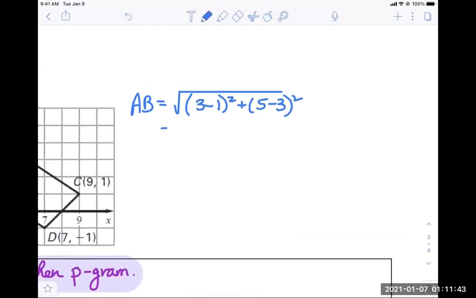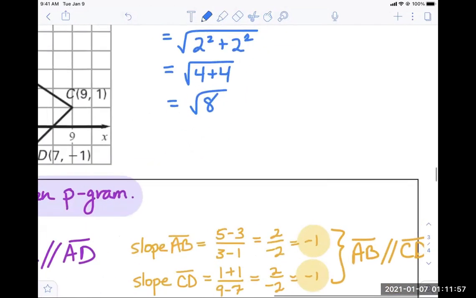So that is the square root of 2 squared plus 2 squared, which is the square root of 4 plus 4. Make sure you're following order of operations. You got to get down to a single number before you can add them together.